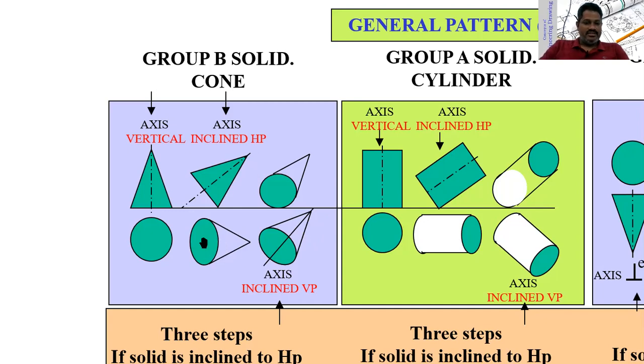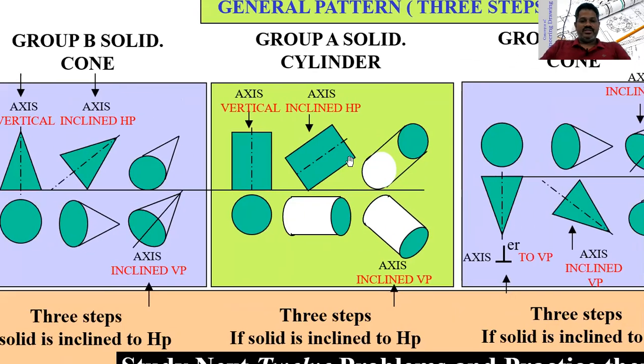The shape of this and the shape of this are the same, except that it is twisted to an angle. That means with the vertical plane, the axis of the cone is twisted to some angle here. Then project all these points to get the top view. Sorry, it is a front view. It is a top view and it is the front view. So project all these points to the top to get the front view.